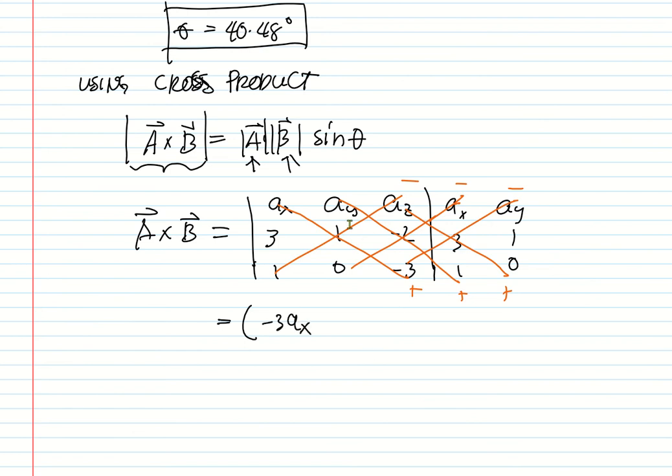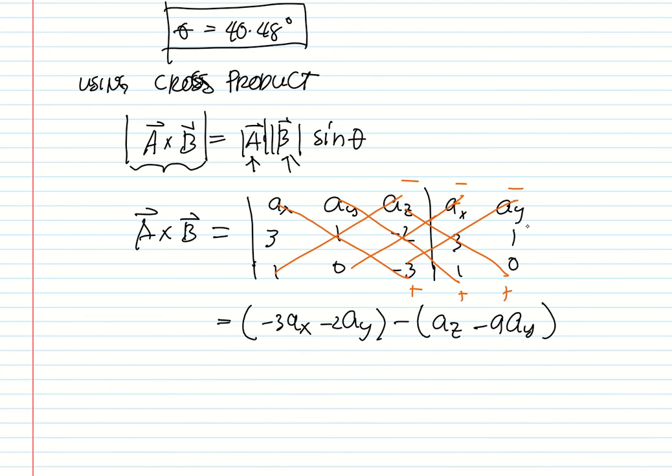Then here, we have ay times negative 2 times 1. So that's negative 2ay. And here, we have az times 3 times 0, that's just equal to 0. That's the positive values. For the negative, we have minus 1 times az. So that's az. Then we have 0 times negative 2 times ax, which is 0. Then negative 3 times 3 is negative 9 times ay, so minus 9ay.